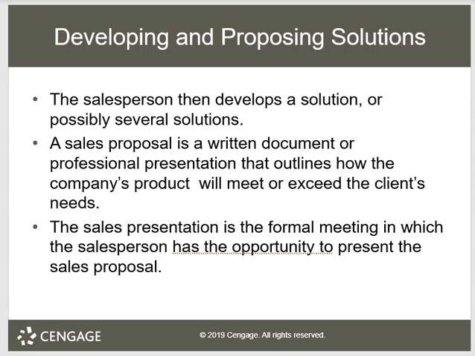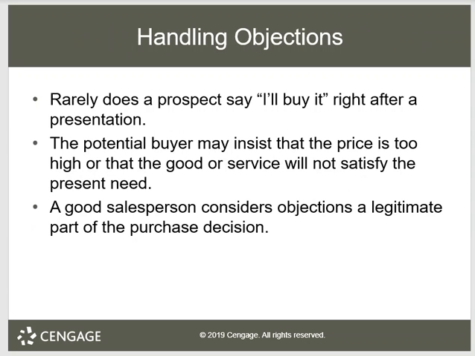The salesperson should handle objections as requests for information and should use it in a positive way to close a sale. And again, depending on the type of product you have, there could be multiple people with different roles in this approach. Handling objections.